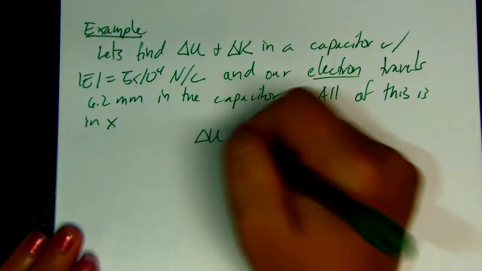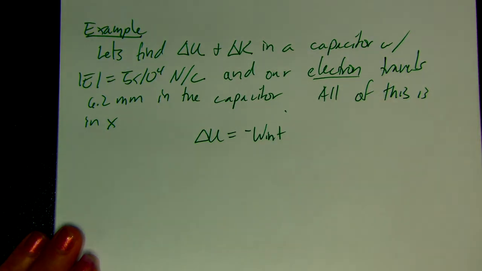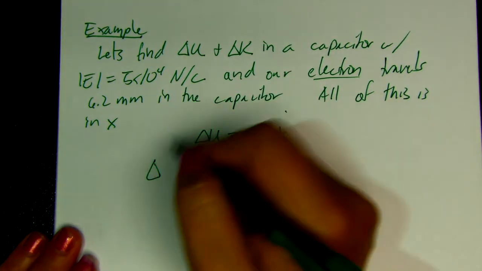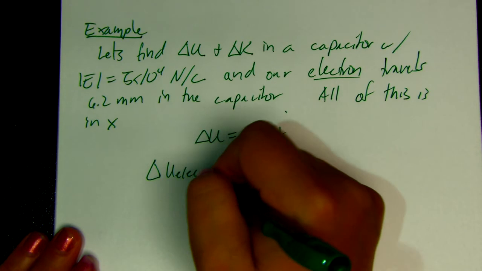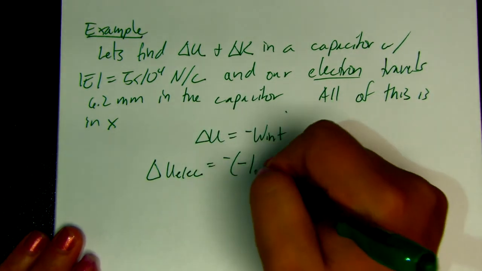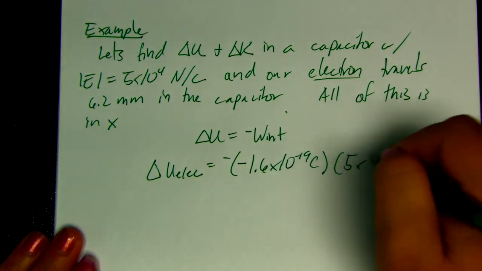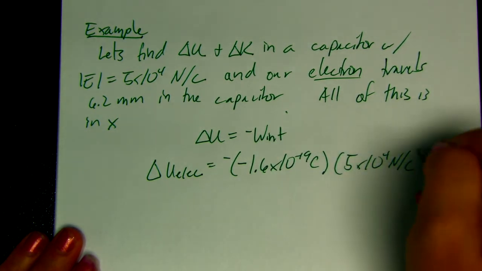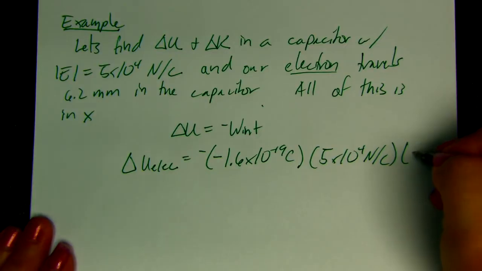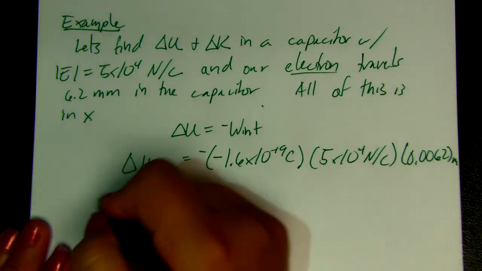Okay, so we know that the change of potential energy is minus the internal work, and internal work is something we know how to calculate. So the change of electric potential energy is equal to minus 1.6 times 10 to the minus 19 coulombs, 5 times 10 to the 4 newtons per coulomb, times that displacement, 0.0062 meters, converting millimeters into meters.